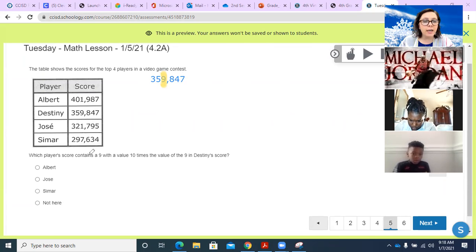If we're looking for a score with a 9 that has 10 times the value of the 9 in Destiny's score, does that mean the 9 is going to be one place to the left or one place to the right? Left. Very good, to the left. It's greater, so we're moving one place to the left.